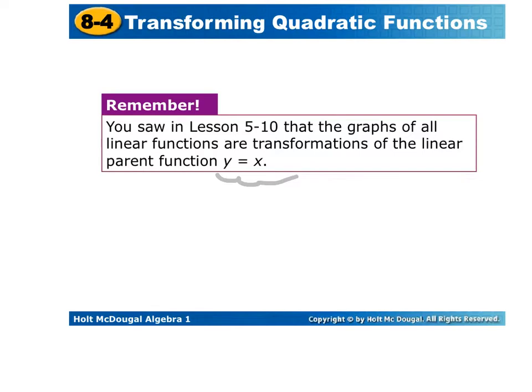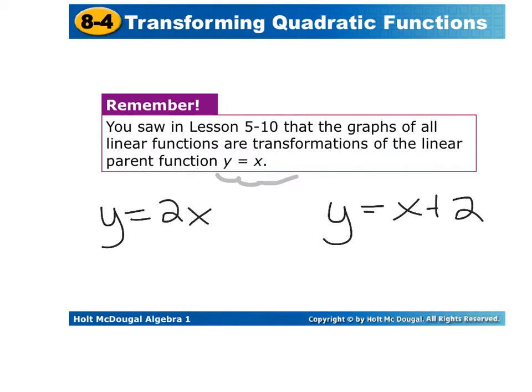So remember, when we had linear functions, if the y-intercept changed, that was the translation. If the sign in front changed, so say it was y equals 2x, and you were comparing it to negative 2x, this would be a reflection. And then when the number in front of x got larger or smaller, that was the rotation. So this was a review.